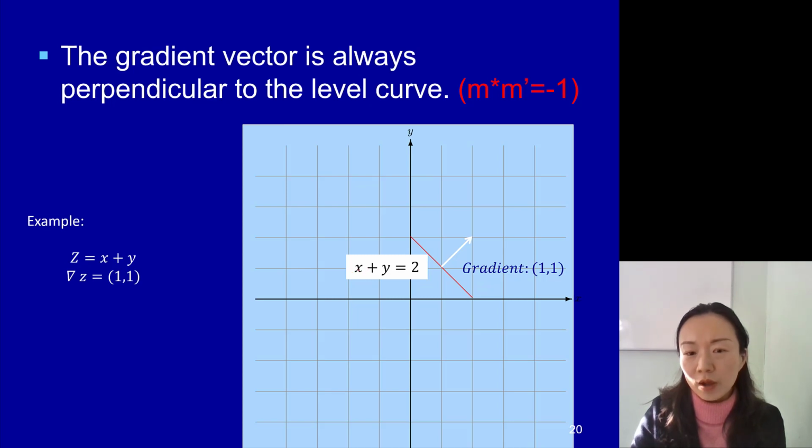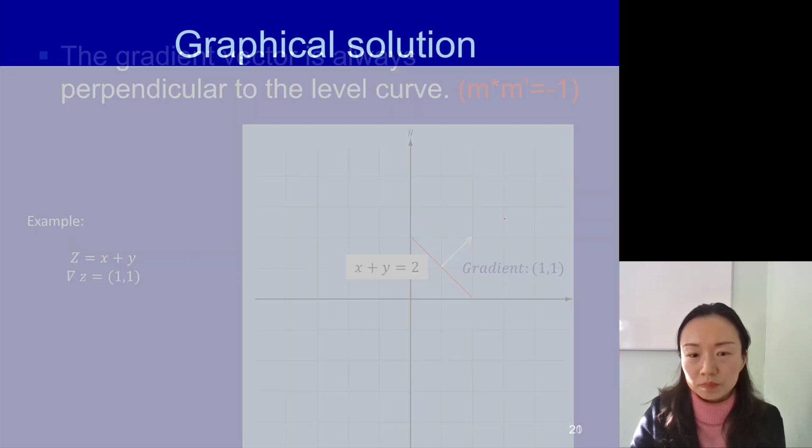So if both your decision variables have positive coefficients, then we are in this quadrant here, and then we would move in this direction here. Our gradient is 1, 1. They're both positive coefficients, so we will move in this direction.